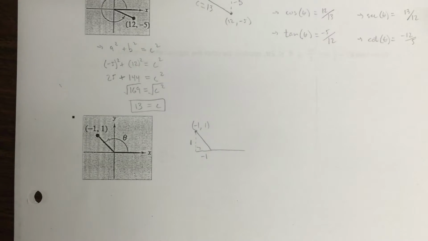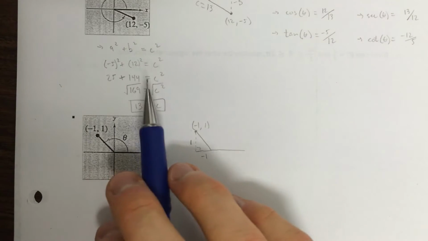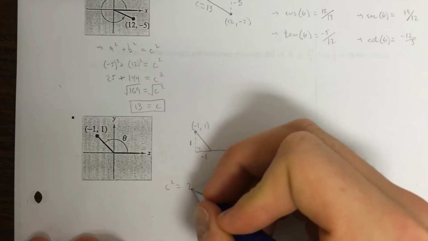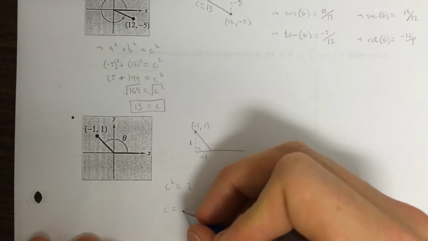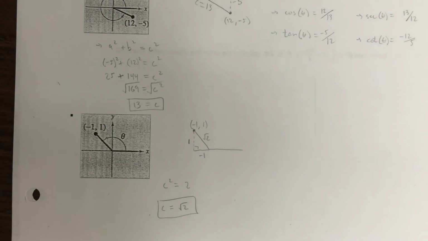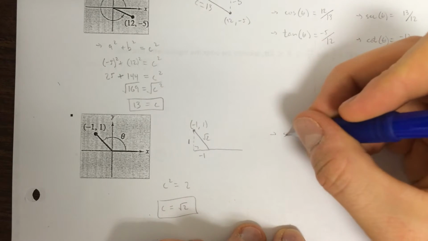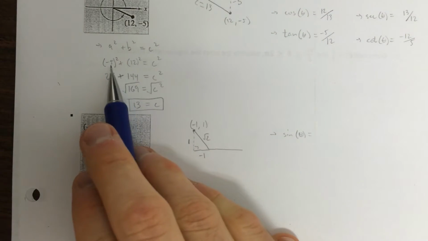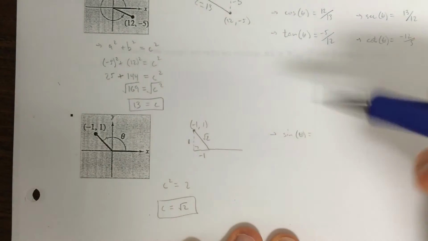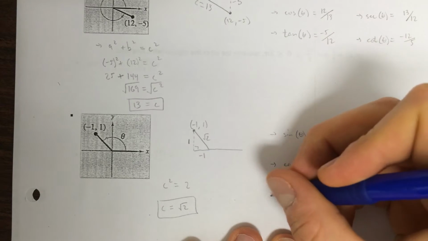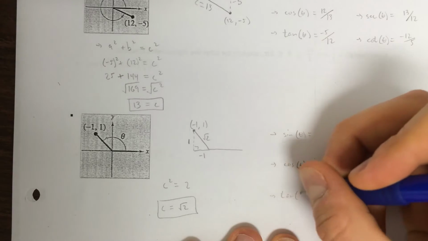Now, if we were to solve for our hypotenuse using a squared plus b squared equals c squared, what we would end up with is c squared is equal to 2, and c is equal to square root of 2. Now, don't simplify that. Don't write that as a decimal. We want to keep that as a square root. Also, you'll have negative 1 squared, but negative 1 squared is just positive 1. That's why it ends up being square root of 2. If you have questions about that, you can ask me.